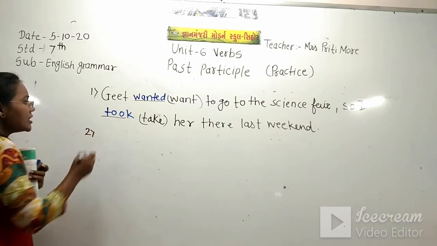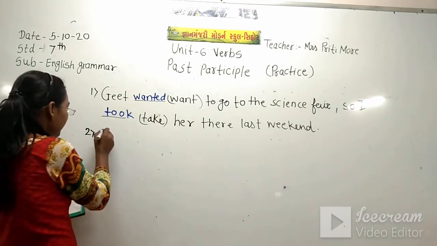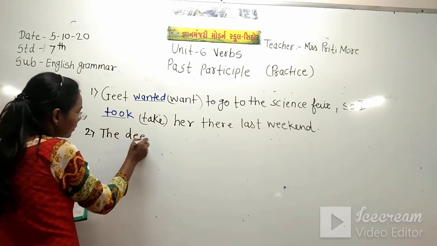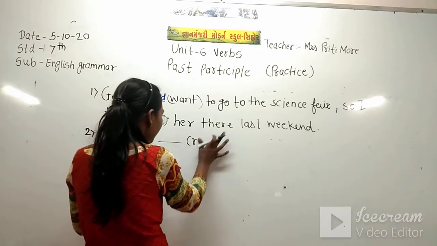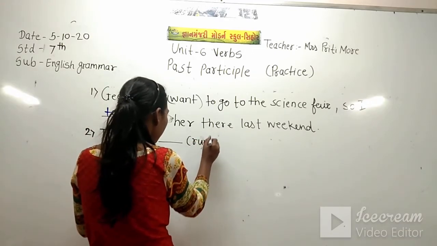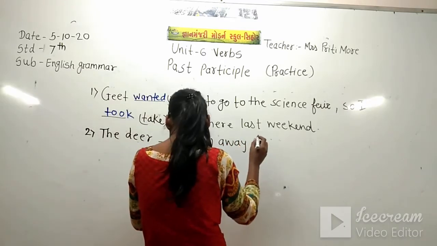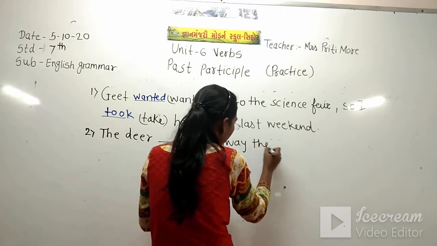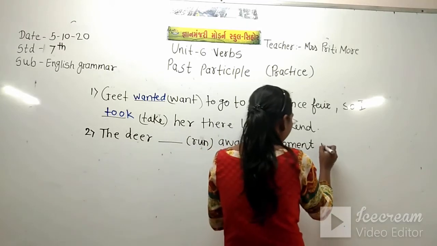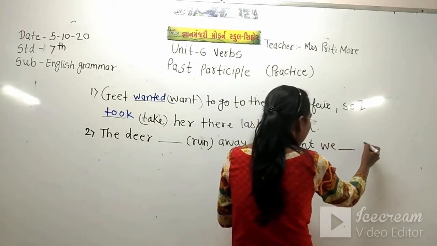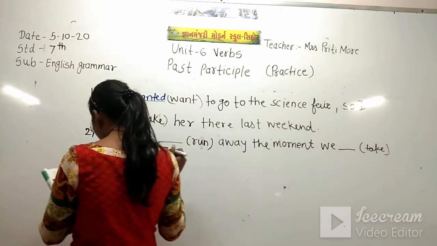Now the second sentence I write: The deer, blank space, in the bracket run is there, away. The moment we, again blank space, take, out our cameras.